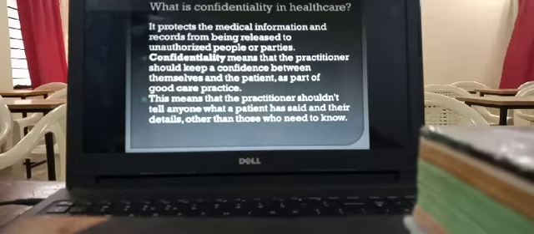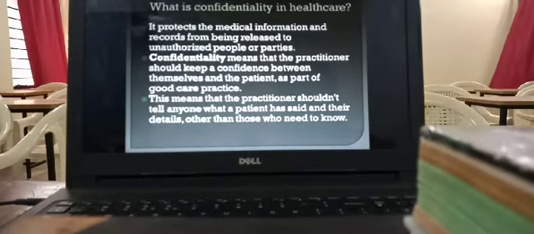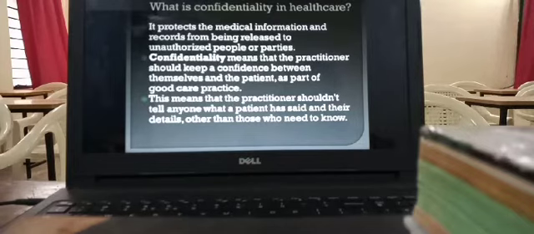Next, what is confidentiality in healthcare? Why do we need confidentiality in healthcare, and why should one always stick to it? The first thing, it protects the medical information and records from being released to unauthorized people or parties.